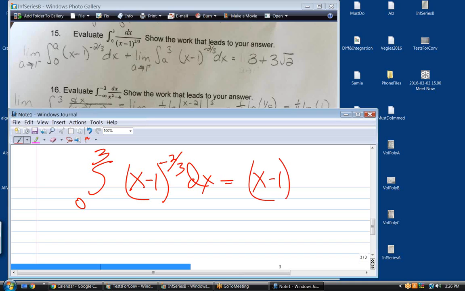But there's nothing that prevents me from applying the power rule to that. With x minus 1, I'm going to add 1 to the exponent, divide by the new exponent, and evaluate it from 0 to 3. Well, when I evaluate it at 3, I get 3 times the cube root of 2.